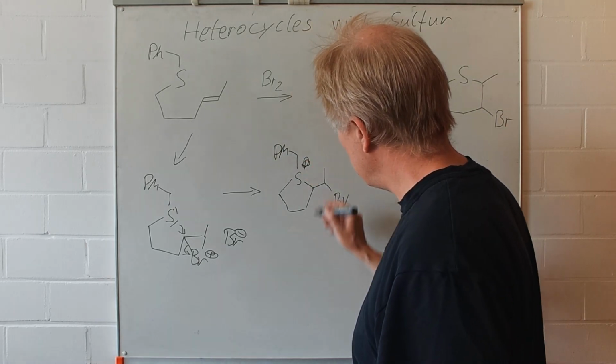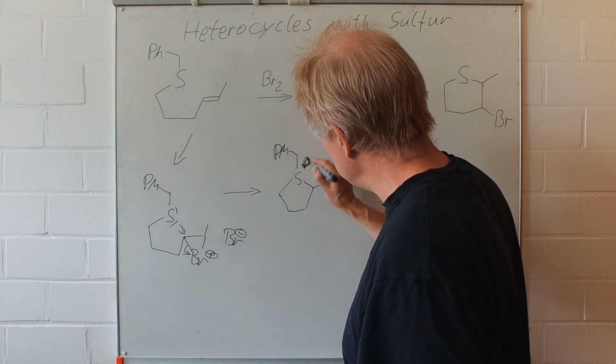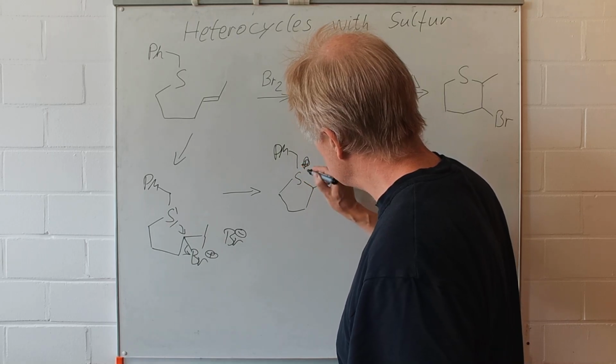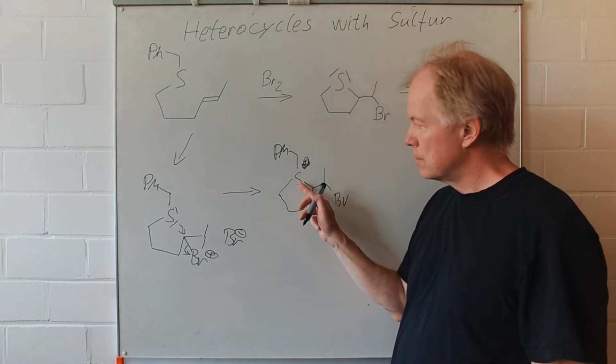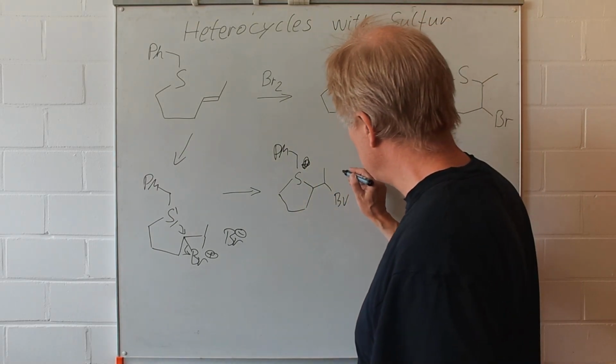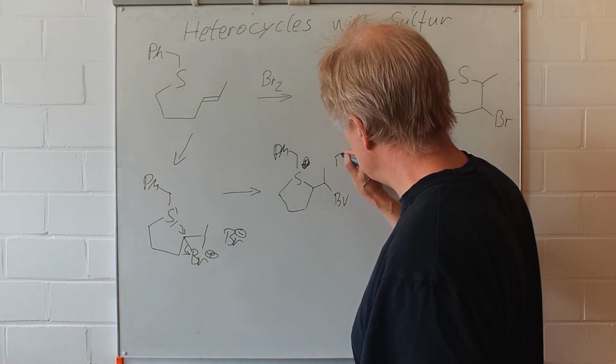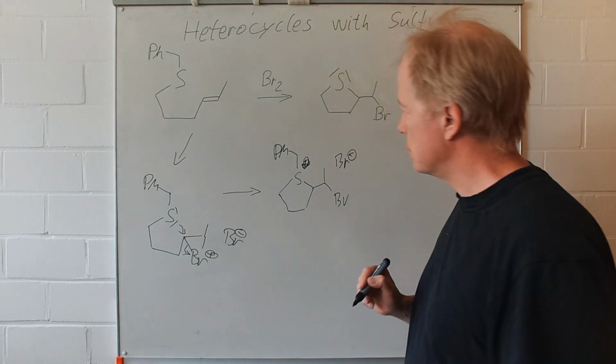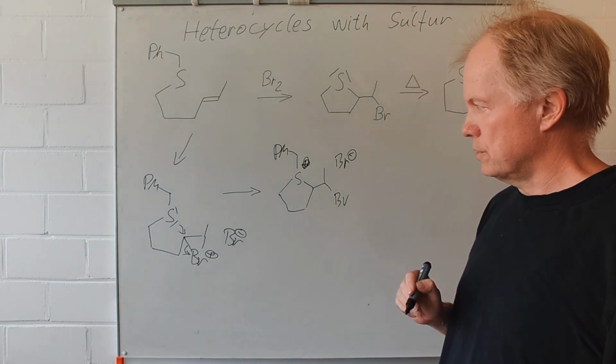And we now have a 3-bonded sulfur, which is the center of the cationic charge, and the bromide anion is of course also present.